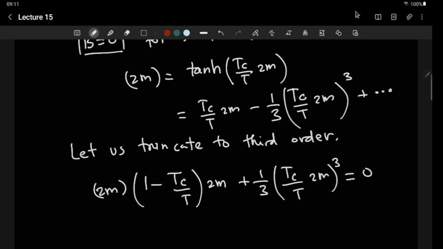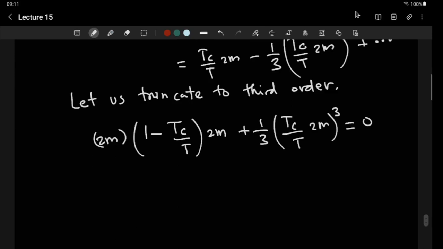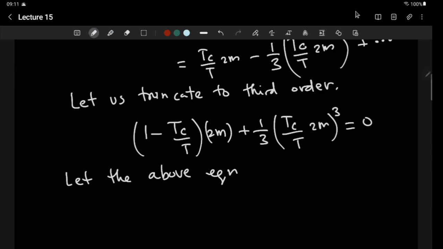So this was the equation, and we have three solutions to this. But what I want to say is, let the above equation arise as the extremum of a potential, of a function or a potential.